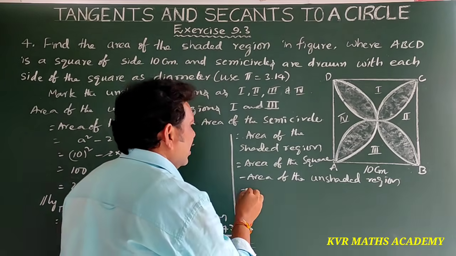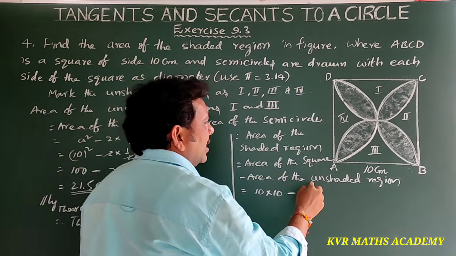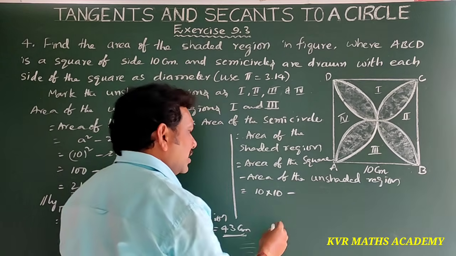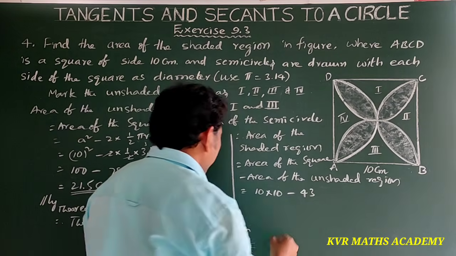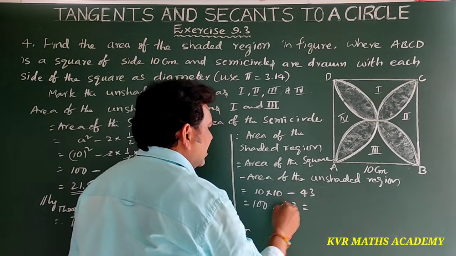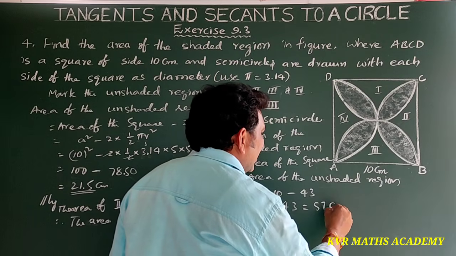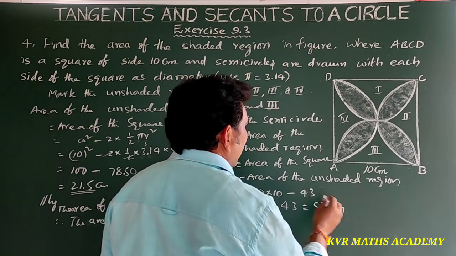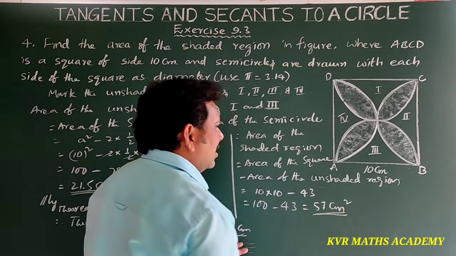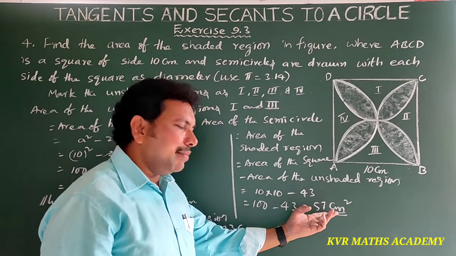So area of the square is equal to 10 into 10 minus, this is the unshaded region, yes, exactly 43 we got now. So 100 minus 43 is, yes, 57 square centimeters here, right? Area of the shaded region is equal to 57 square centimeters.